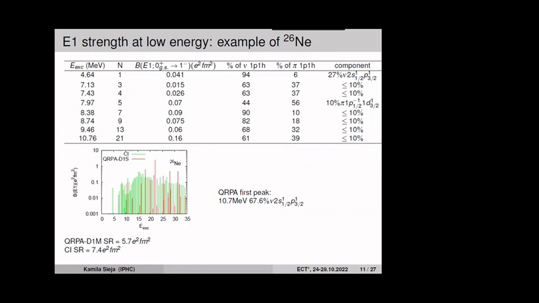The wave functions I don't even print, because it contains thousands of components of 1% of some configuration. It's very mixed. But how many particle-hole configurations do you have in the wave function? Okay, but this is a difference with you, because there is one particle, one hole with change of parity, but there is also all the mixture of the sd shells. Yes. So you have all of them.